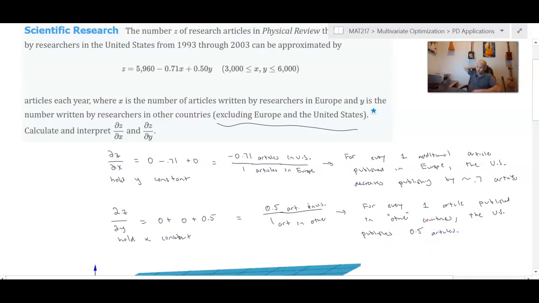So that's a constant rate of change. So every time we know that a country other than the US or Europe publishes one article, they're publishing twice as fast as we are. So another way to think about this ratio is that instead of 0.5 to 1, we could think about this as 1 to 2. So the US only publishes one article in the Physical Review for every 2 articles published in other countries.